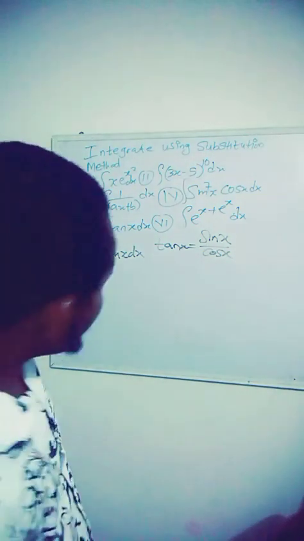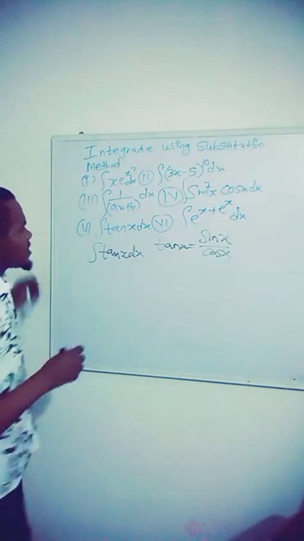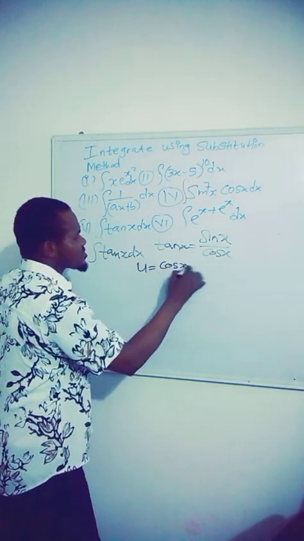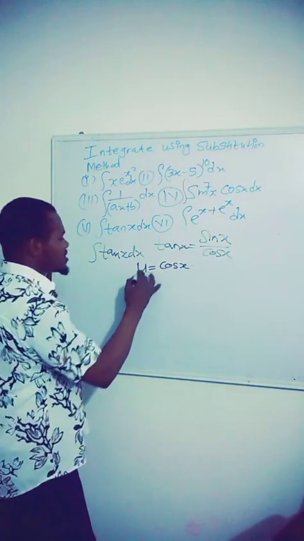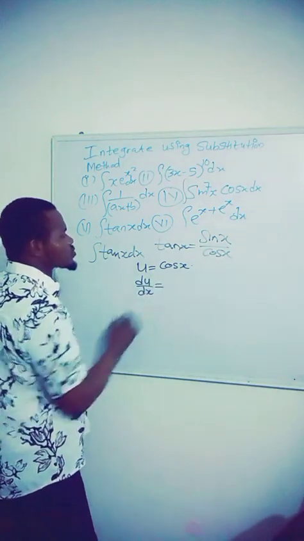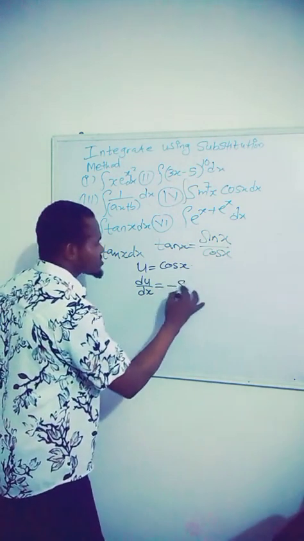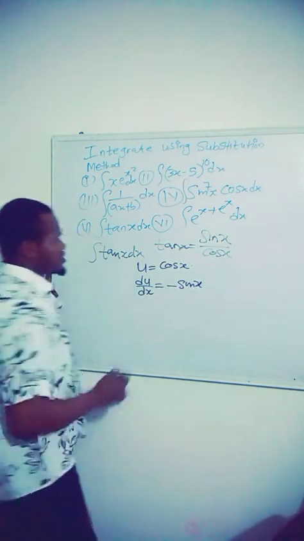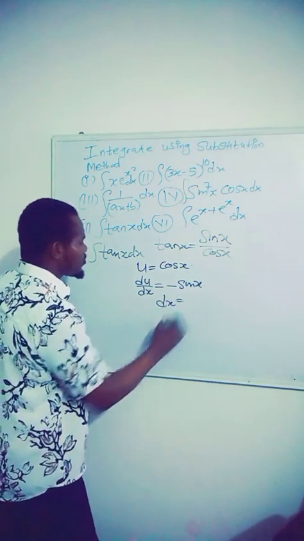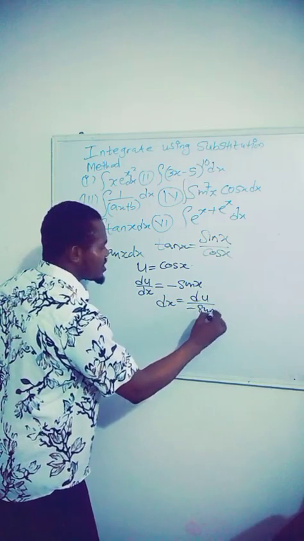If u is equal to cos x, then du/dx will be equal to minus sine x, since differentiating cos gives minus sine x. If you make dx the subject of the formula, dx will be equal to du over minus sine x.